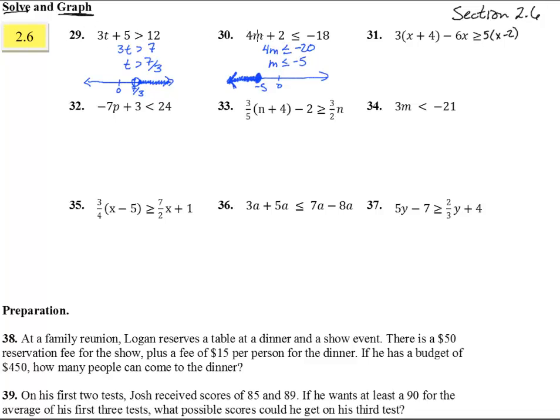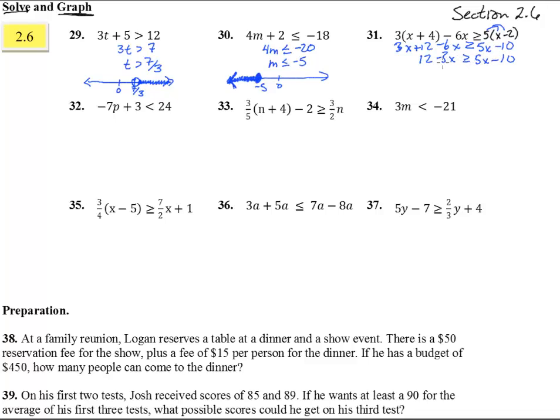All right, number 31. Get rid of the parentheses, and we have 3x plus 12 minus 6x greater than or equal to 5x minus 10. So we really have 12 and a -3x over here, greater than or equal to 5x minus 10. Put the two x's together.